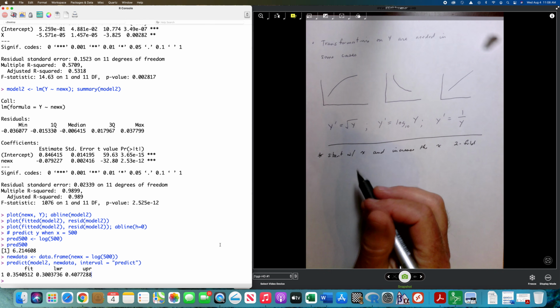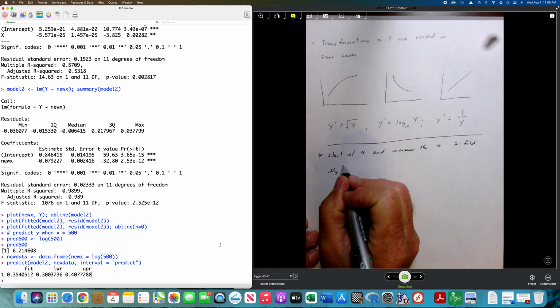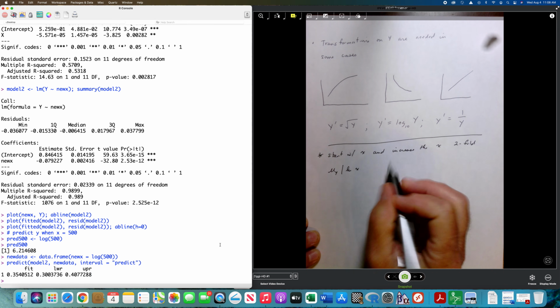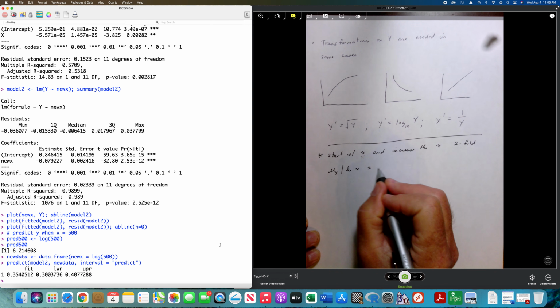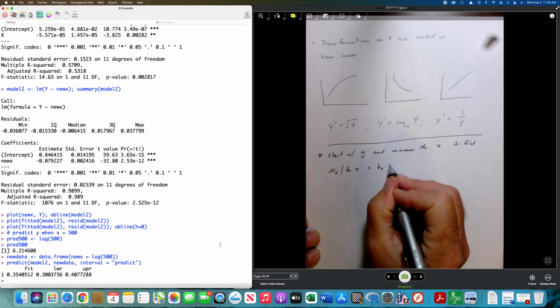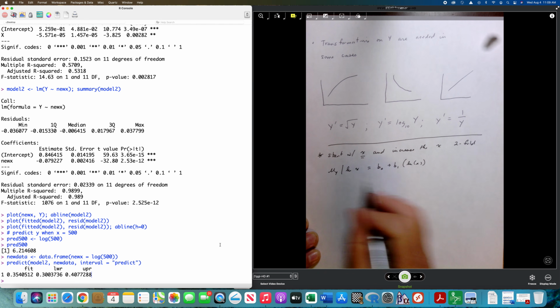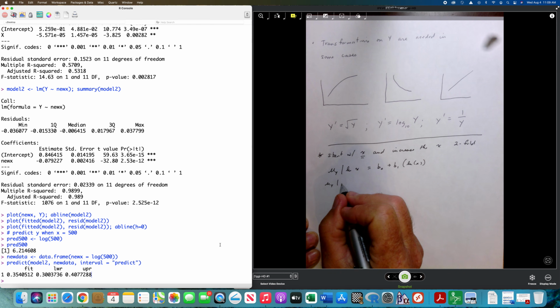If we think about looking at the mean of y given the natural log of x, we would find this by taking our model, and then we want to take a look at what happens if we increase this twofold.